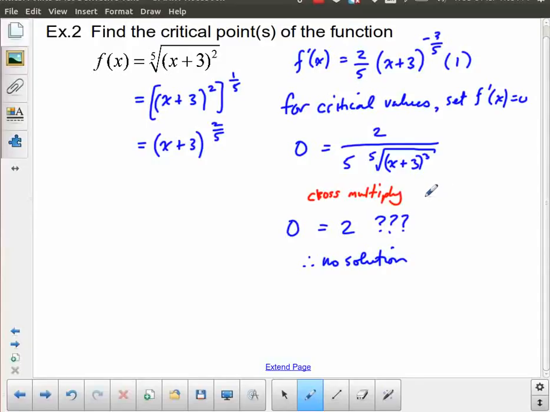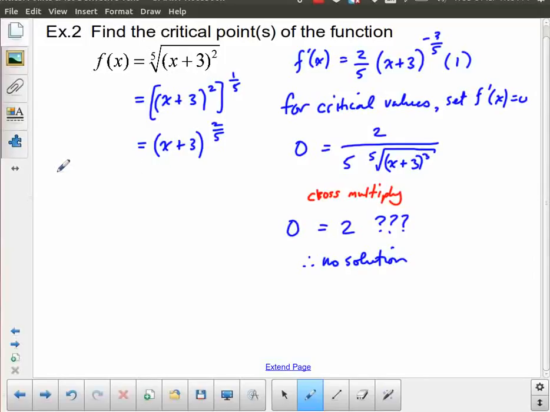But there is something else I have to consider, which is the fact that by taking the derivative, I have taken this x plus 3, or this fifth root of x plus 3 all squared. It's now in the denominator. And by moving it to the denominator, I have to avoid division by 0.